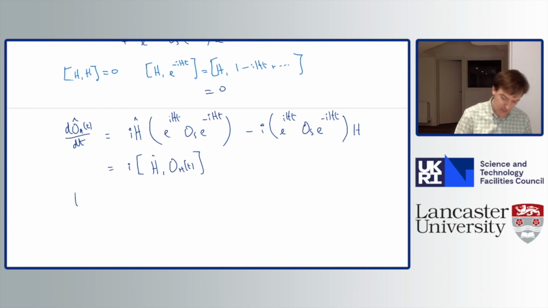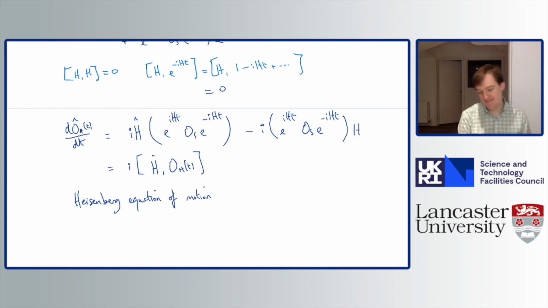So this is the result we want. This is known as the Heisenberg equation of motion. At least slightly less famous than the Schrödinger equation, but still a very important and useful equation.